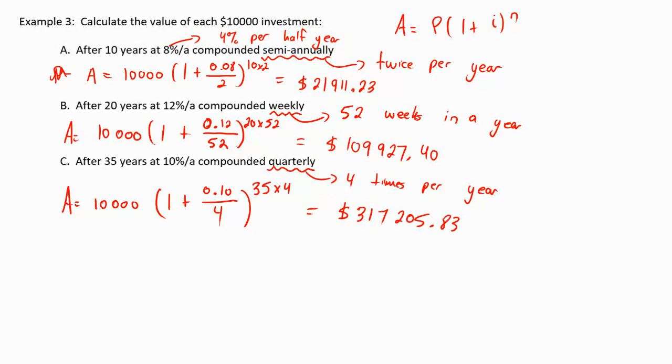So guys, the point I'm trying to make is the longer that your money sits in an investment account, it can blow up. Have you ever heard the word old money? So this family has old money.